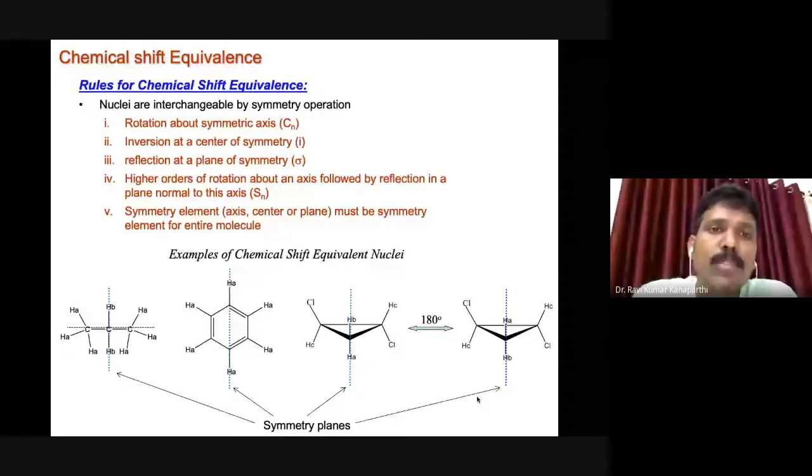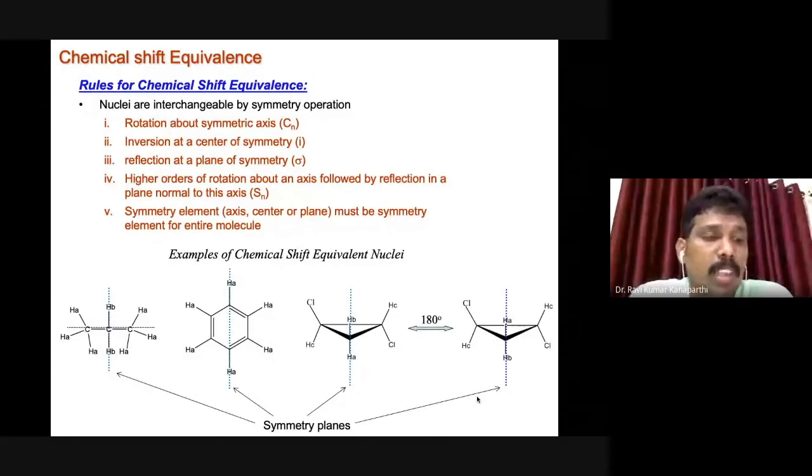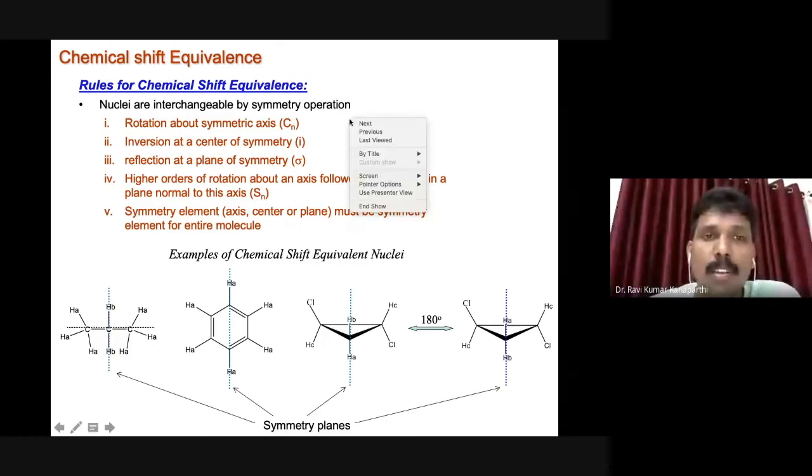And when it comes to chemical shift equivalence, two nuclei are said to be equivalent with regard to their chemical shift, provided they follow these conditions. What are those?